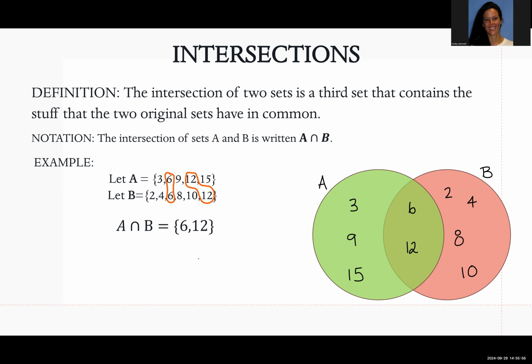So if I were to write the intersection, A intersect B equals the set 6, 12. And in general, when you have two sets and you want the intersection, you're just looking at the overlap. The overlap is just that middle section there in gray.